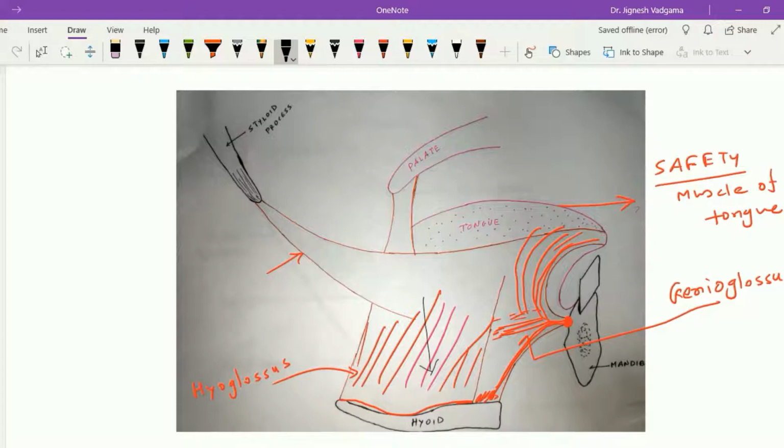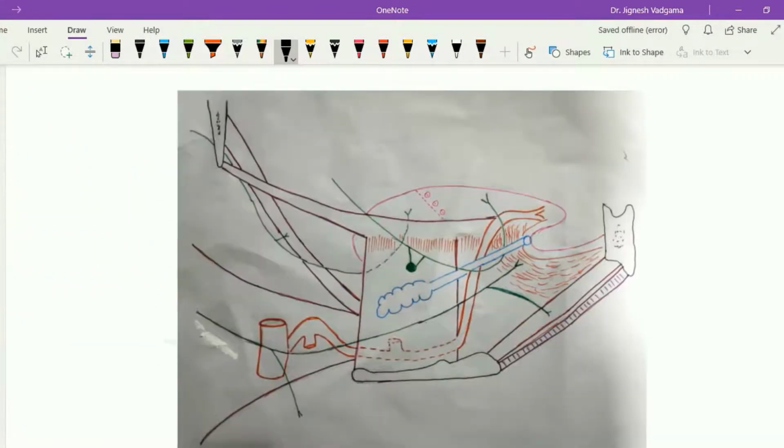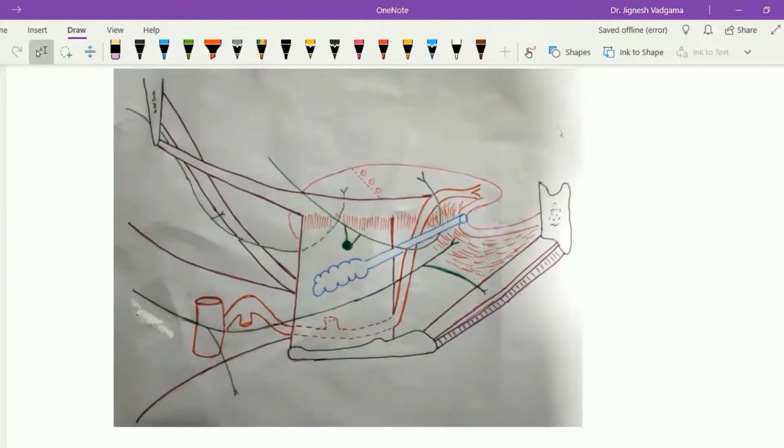Now let's see a few important relations of the hyoglossus muscle. In this figure, we are able to see the important relations of the hyoglossus muscle.